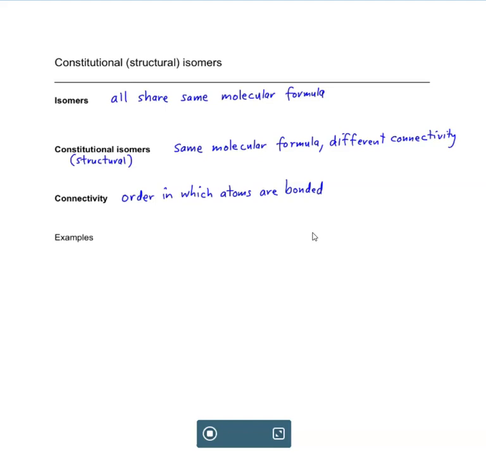So let's look at some examples of this. First example, let's look at this formula, C2H6O. As it turns out, there's 2 reasonable Lewis structures that you can draw for this formula. Here's one of them. And here's the other.